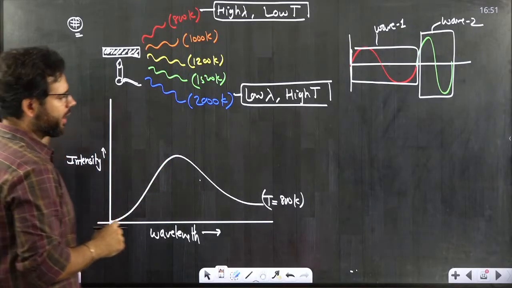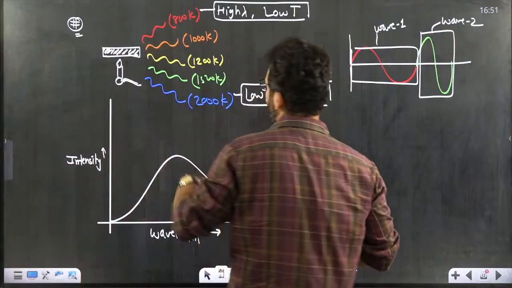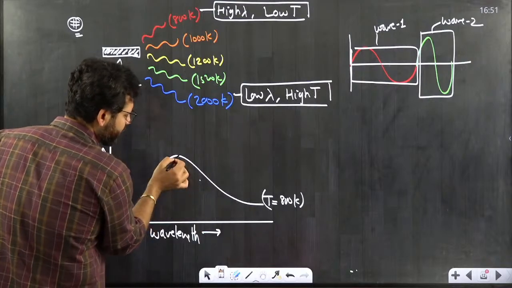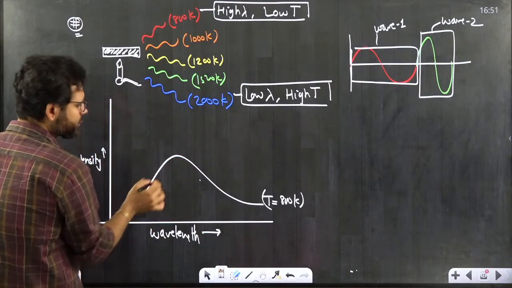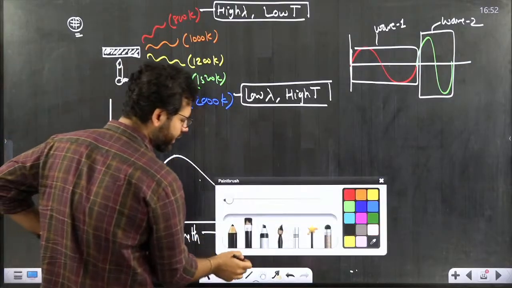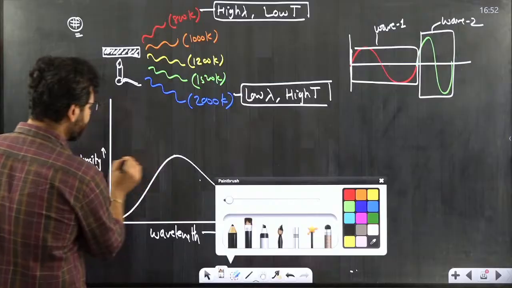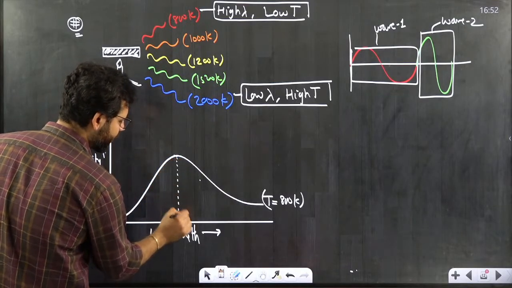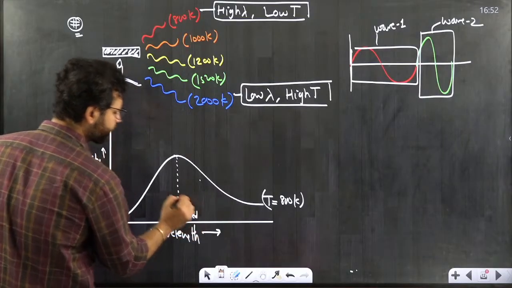Actually, at any temperature when you are heating the black body, all types of photons are coming out. Some of them are red color photons, some of them are blue color photons. Because red color photons are more in number, our eyes are able to perceive the color red. So the maximum percentage of photons are coming out in the red wavelength. So this is lambda red, for example.